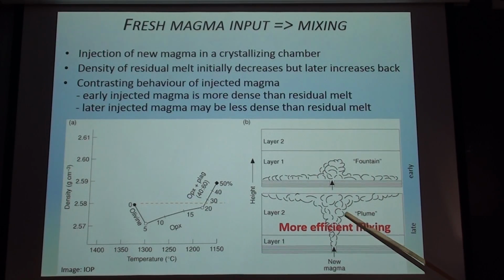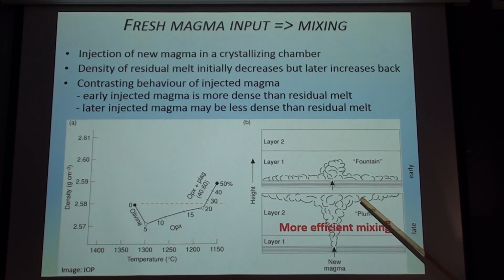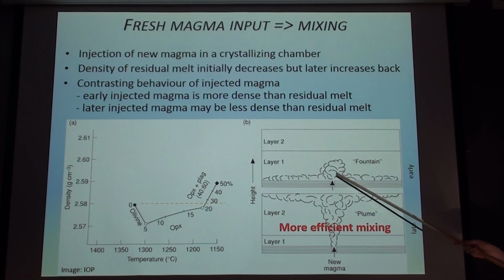And because of turbulence, this is more efficient for mixing, and also where it mixes, the sulfides, which become saturated, can precipitate directly onto the bottom of the floor of the magma chamber and form these massive sulfides. As opposed to here, where we might have some mixing, but this is not as efficient, and also we would have crystallization within this magma, and we might form disseminated sulfides.